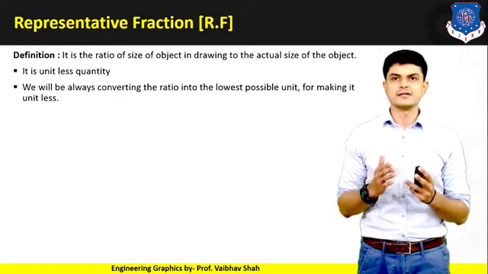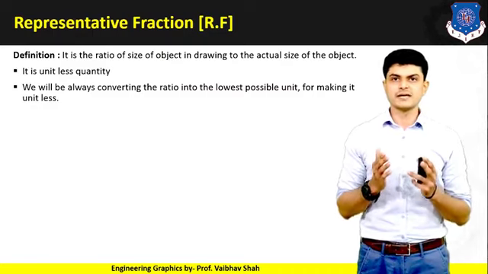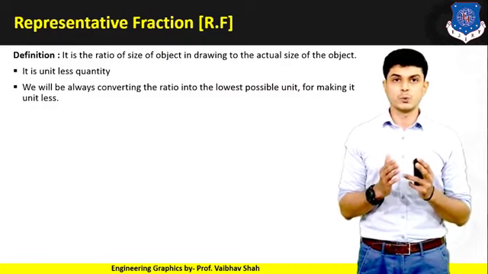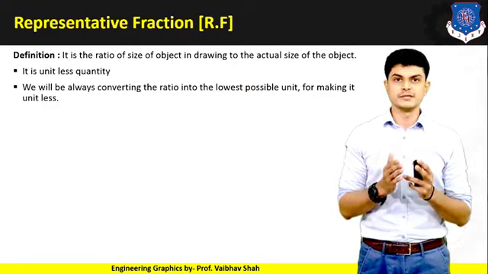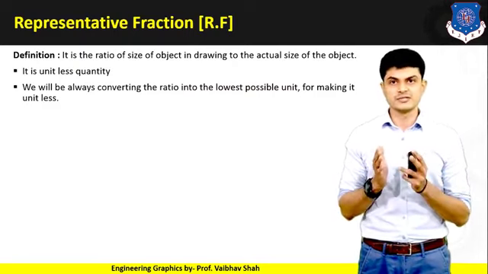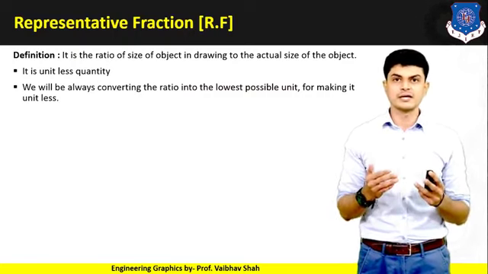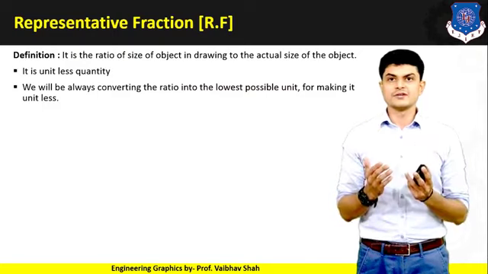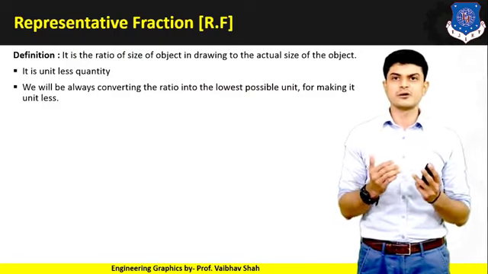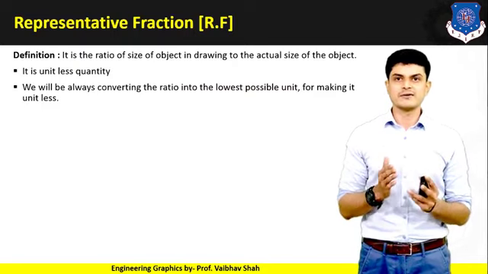That's why it will be a unitless quantity. We will always be converting the ratio into the lowest possible unit for making it unitless. So always remember, it is a unitless quantity, and if we have two different units, then we convert a higher unit into a smaller unit to cancel out the unit, and finally we have a unitless quantity.